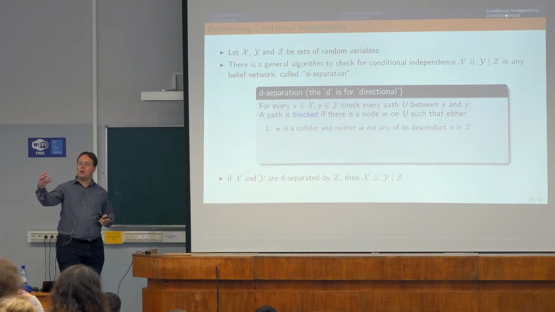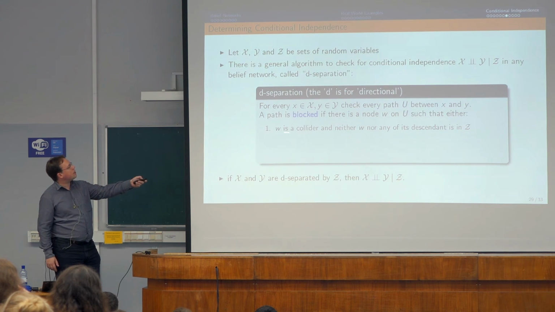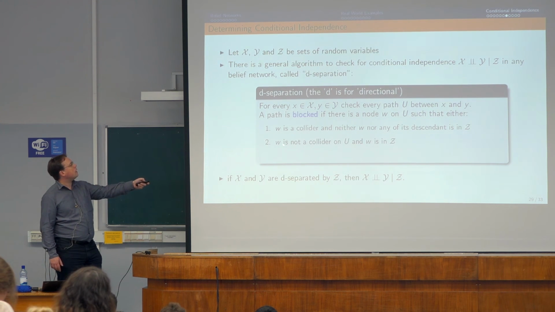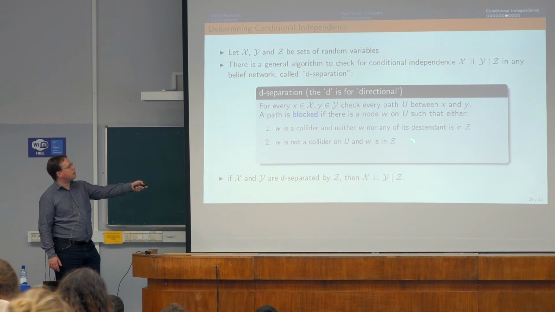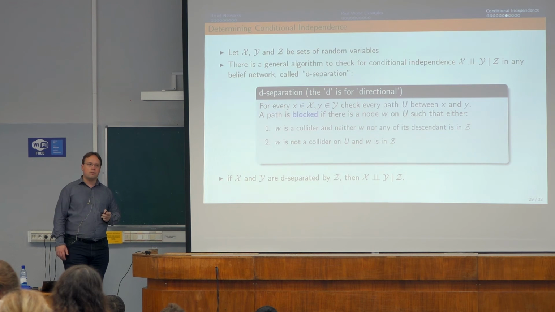From everything you can continue to follow the arrows and see any descendants. So if it is a collider and it's not in the set that we condition on, then we call the path blocked. And also, if it's not a collider and it is in the set we condition on, then we also call the path blocked.